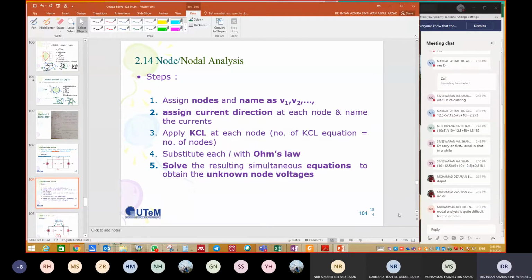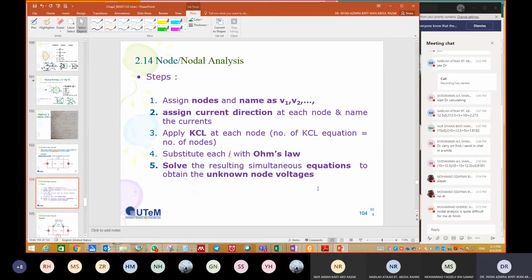Quite difficult, yes. Because in nodal analysis, the first step is to assign the nodes. If you cannot assign the important nodes, the rest of your calculation may be wrong. So the first step is the most important step.